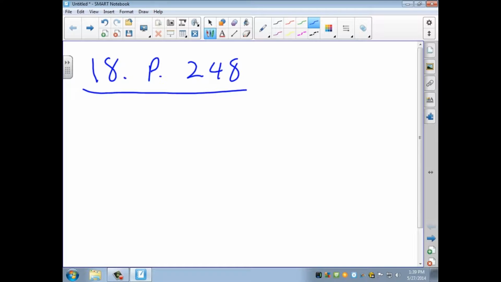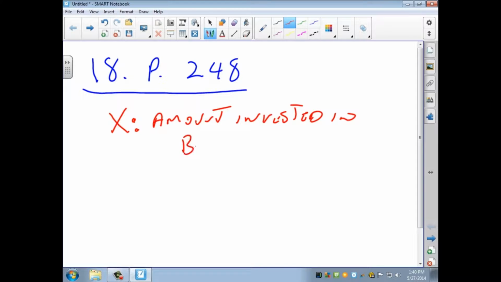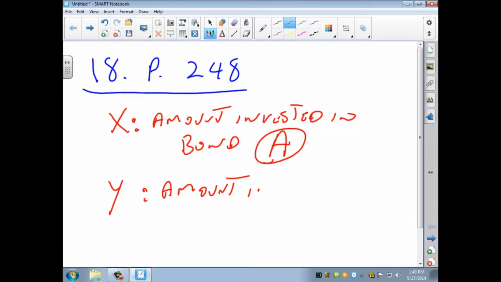So we're going to define our variables. We say X is the amount invested in bond A, and Y the amount invested in bond B. Okay?